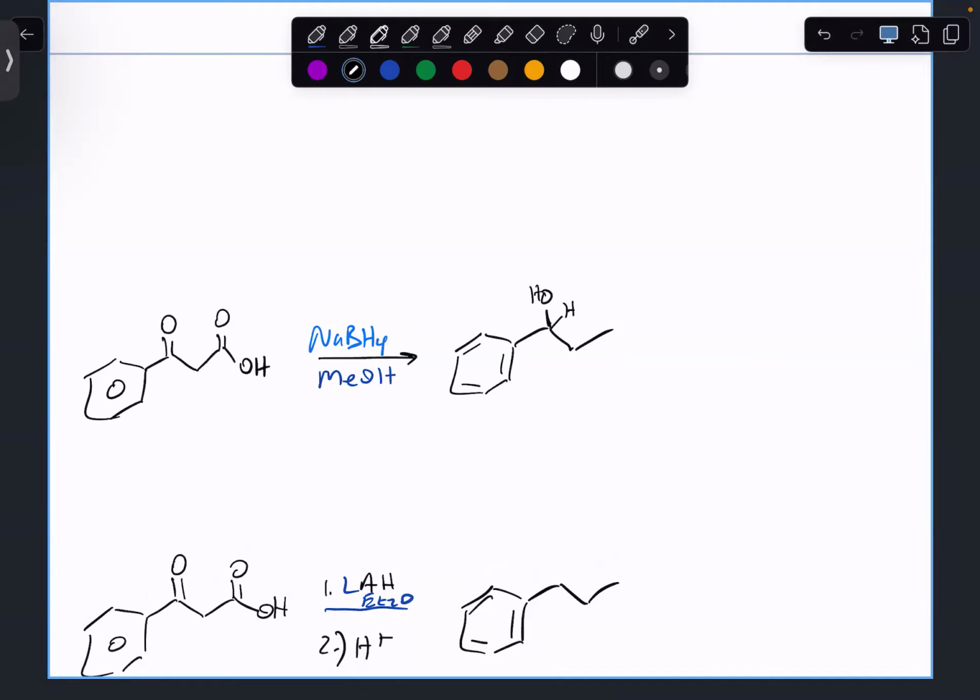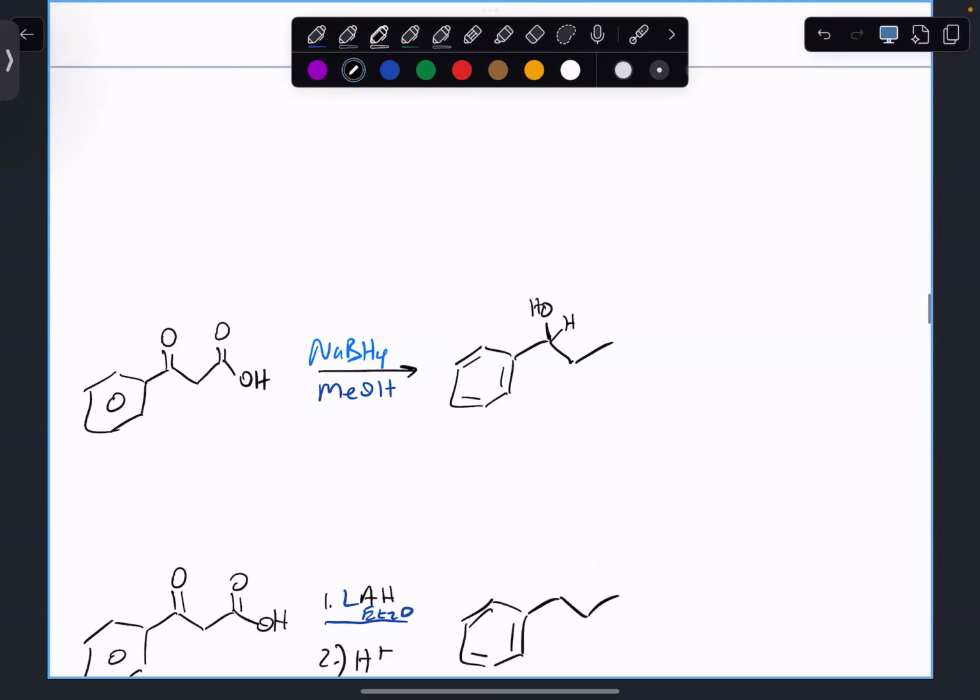Can borohydride reduce a carboxylic acid? No. Remember, it can only reduce aldehydes and ketones. So that carboxylic acid is going to remain untouched. So that would be your product. We reduce the ketone and leave the carboxylic acid alone.